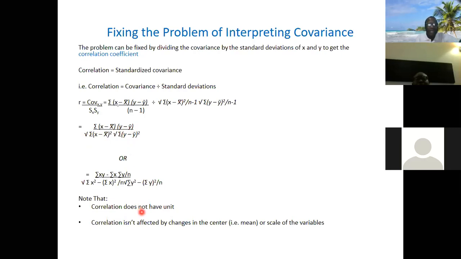One thing about correlation is that it does not have a unit. I've already explained, because it's the covariance of, let's say, weight and height divided by the standard deviations of weight and height. Both weight and height are in the numerator and denominator, so they cancel out. So it's a dimensionless quantity. And correlation is not affected by changes in the center or the scale of the variable.